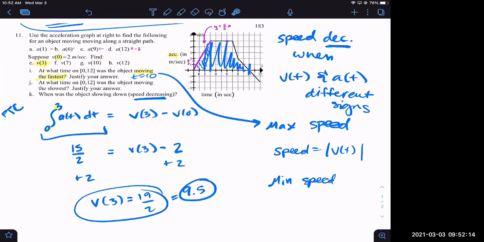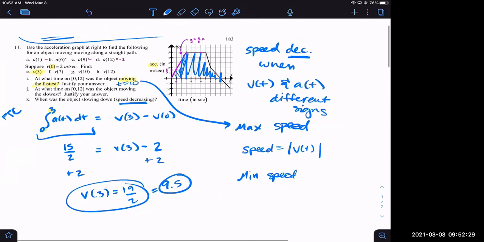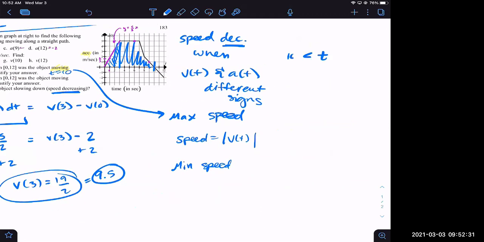Acceleration is positive until 10, so they have the same sign until 10. After 10 seconds, acceleration is negative, but velocity is still positive. So from 10 to 12 seconds is when speed would be decreasing. Okay, so when t is between 10 and 12, that's because acceleration is negative in that interval, but velocity is still positive. The total area under the curve is still positive in that interval.